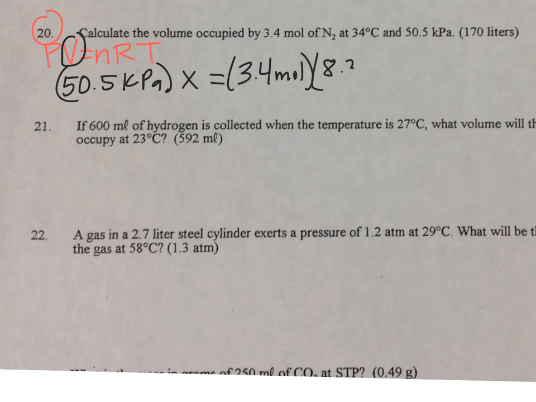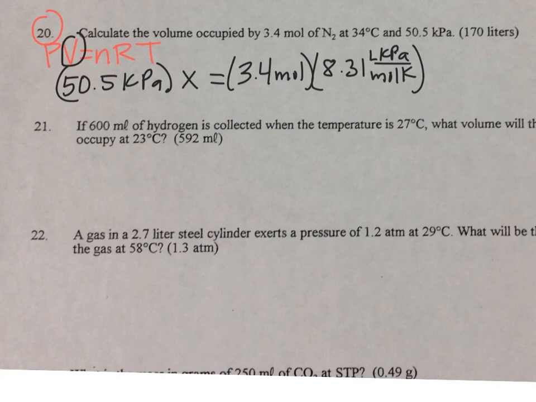It's 8.31, and the units for R are liters kPa over moles Kelvin. Since those are the units for R, your volume will be in liters, pressure has to be in kPa, you have to have moles, and temperature for this chapter always has to be in Kelvin.